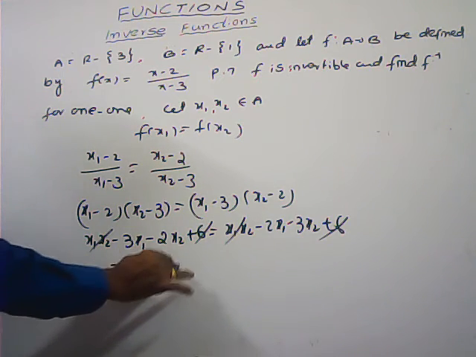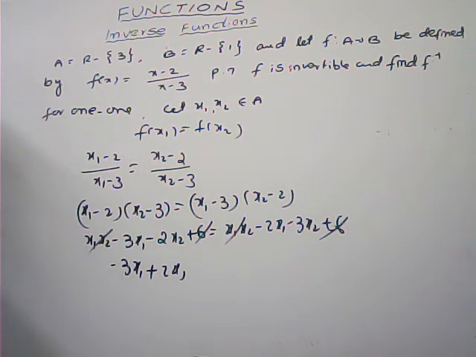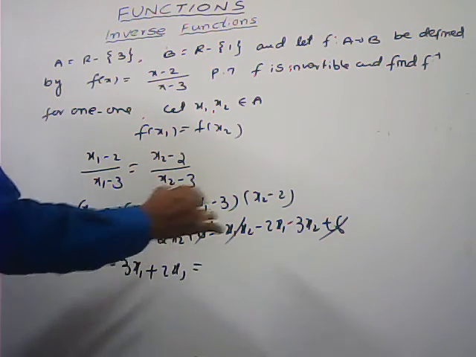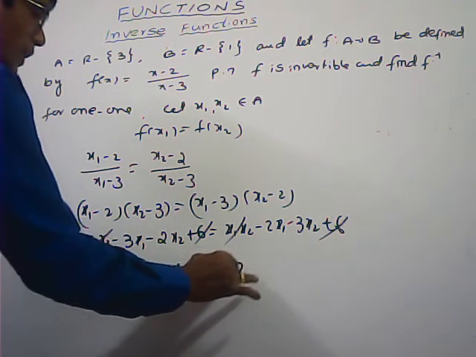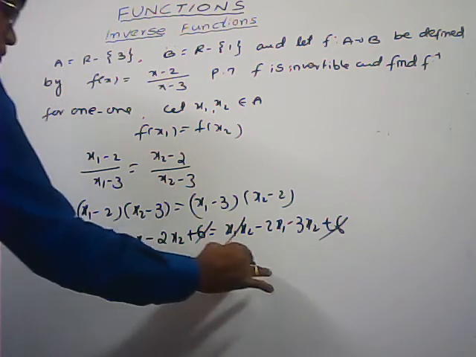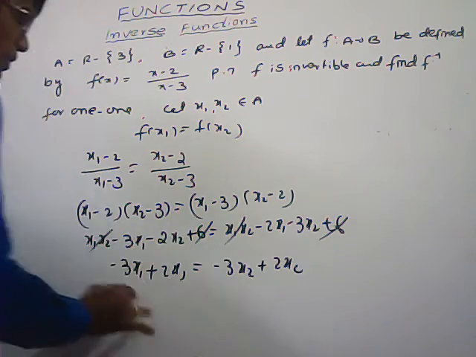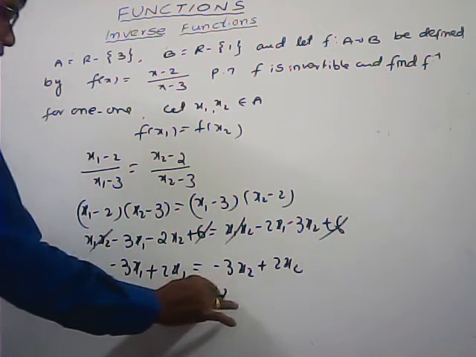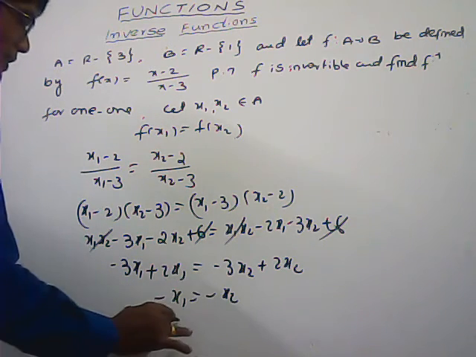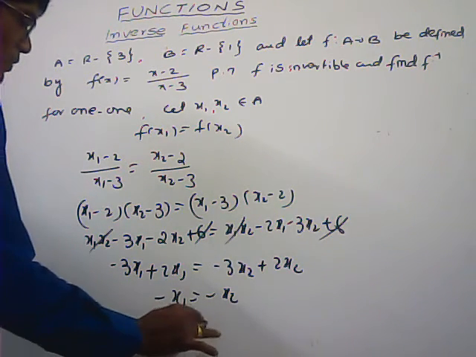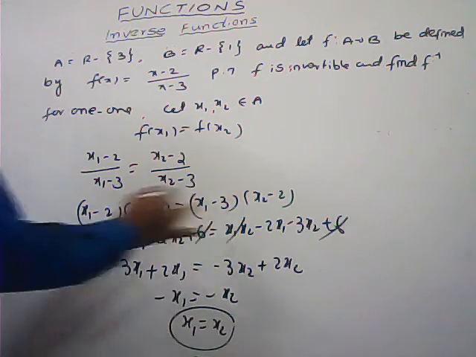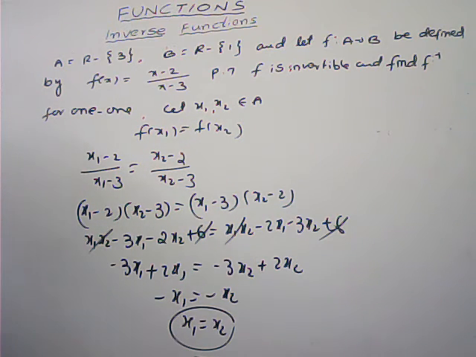Both the x1 terms I have written one side and both the x2 terms you can write another side. Minus 3x2 minus 2x2 transpose that side. And here minus x1 is equal to minus x2. Both the sides we can cancel the minus, x1 is equal to x2. Here we got only one relation. Here f of x1 is equal to f of x2 implies x1 equals x2. Therefore the given function is 1, 1.